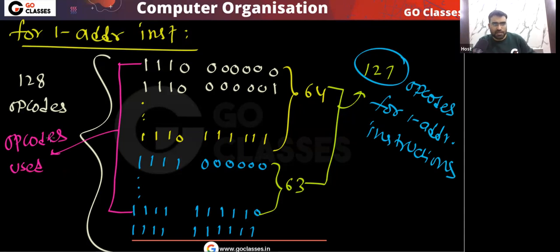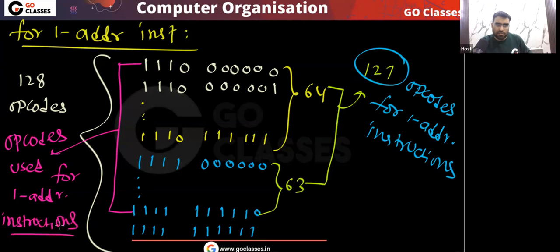Please tell me, is this clear? You can see these are used for one address instructions. Very simple.